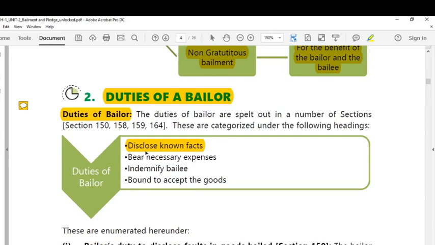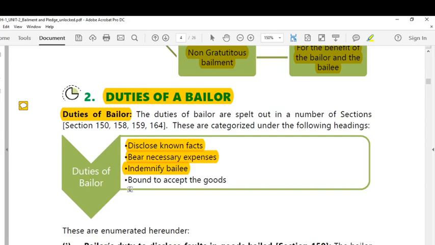The second duty is to bear the necessary expenses. When some goods are delivered by the bailor to the bailee, the necessary expenses to maintain them, which are of an ordinary nature, should be borne by the bailor. In case of any loss that happens to the bailee, the bailor has a duty to indemnify the bailee.